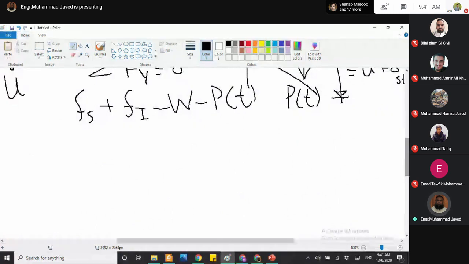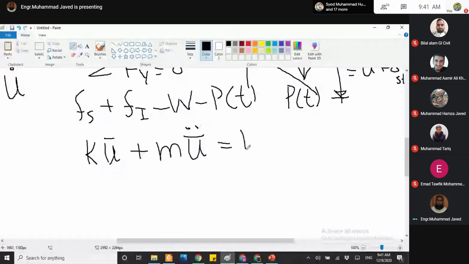Fs is K u bar plus the inertial force m u bar double dot is equal to W plus P of T.